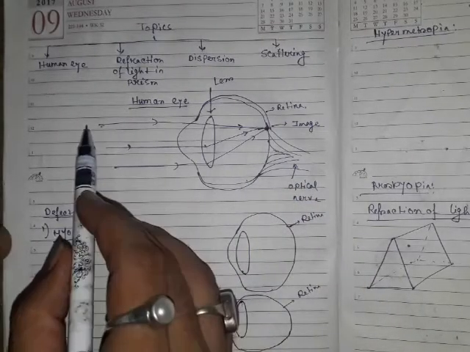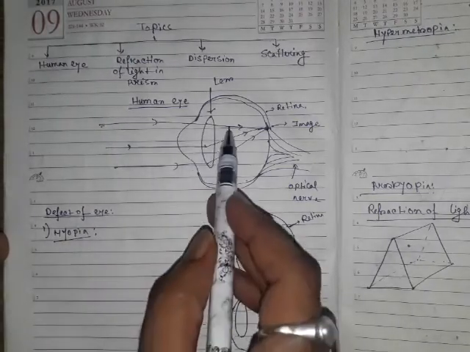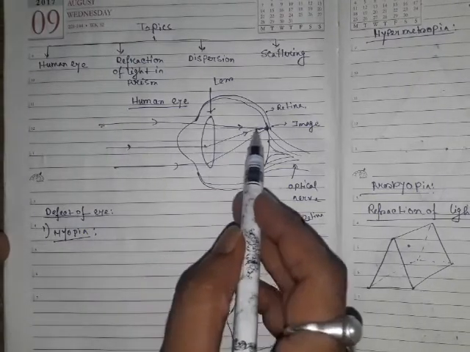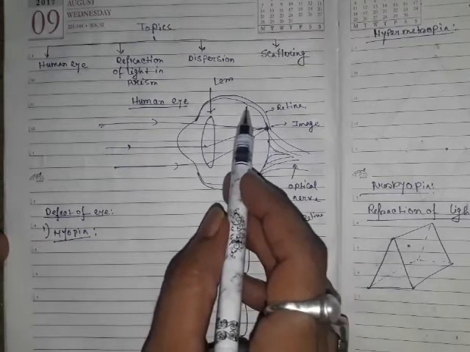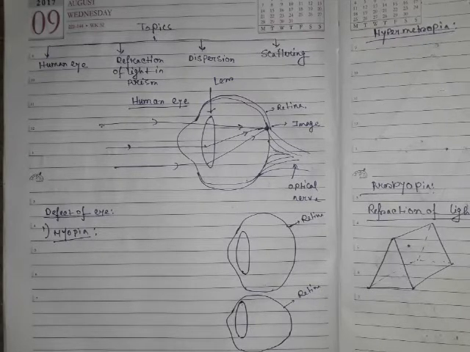Now when light is incident on the lens, it focuses the light on the retina, and there are lots of light sensing cells, like rod cells or cone cells, present on the retina.